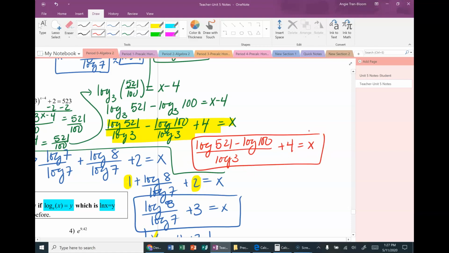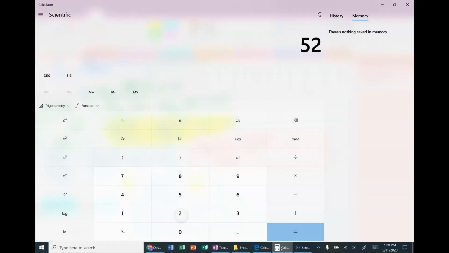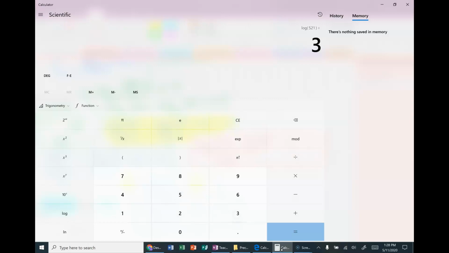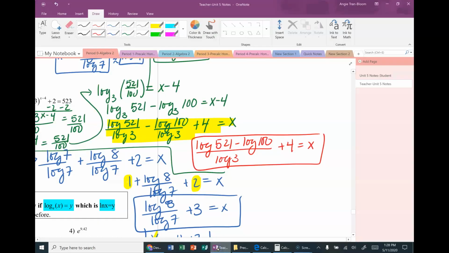I'm just going to use my calculator to see if I can find an approximation, okay? So we have log of 521 divided by log of 3. Figure out what I had before. 521 log divided by 3 log. Okay, so all of that in one. And then we had a subtraction.